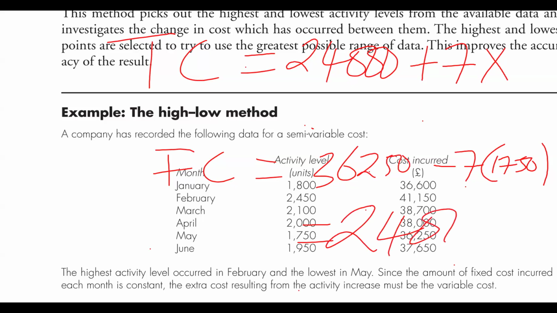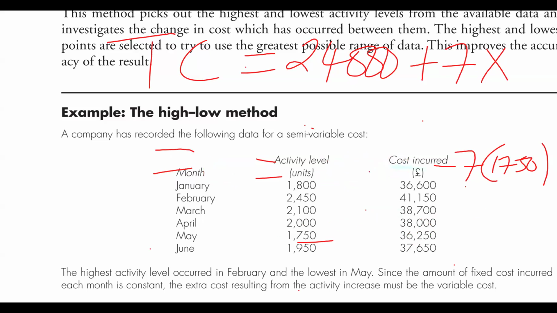You've seen that at each level of the cost, you have the fixed cost of 24,000. That's what I meant, that you can pick any of the total costs, then you'll be fine. Okay?